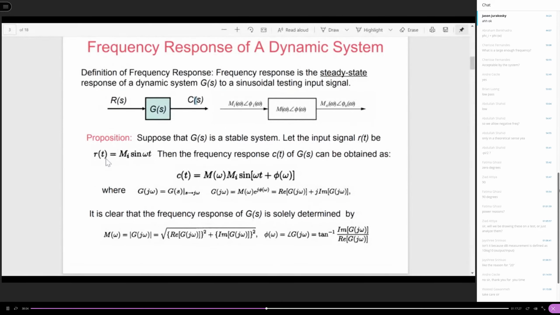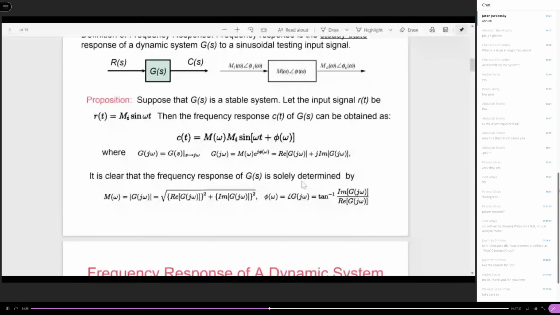If you assume the input signal is a sinusoid with a magnitude M_i and the frequency omega, then you're going to find out that the steady state response of this dynamic system G of S, which is the signal C of t, is equal to M of omega multiplied by M_i, times sine of omega t plus phi of omega. Did you see the relation here?